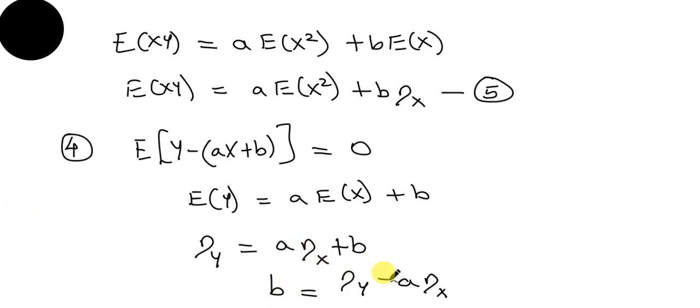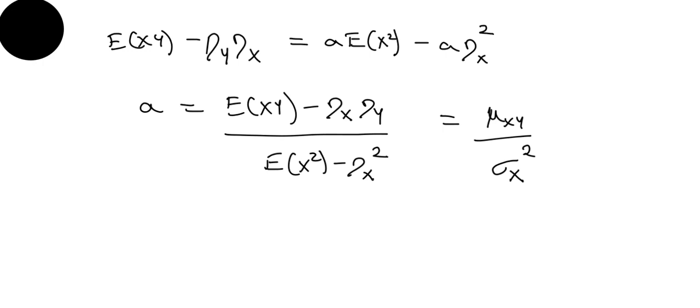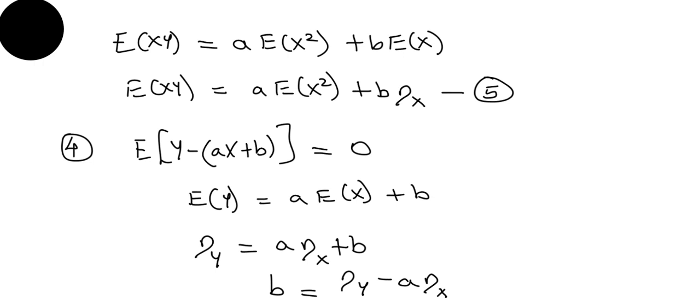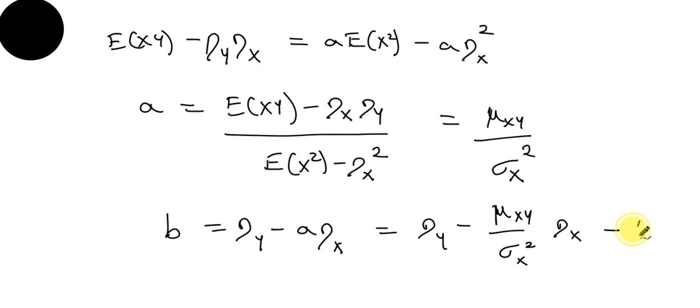B is eta y minus a eta x, so b is eta y minus mu xy by sigma x squared into eta x. I may number this equation in continuity as equation number 6.